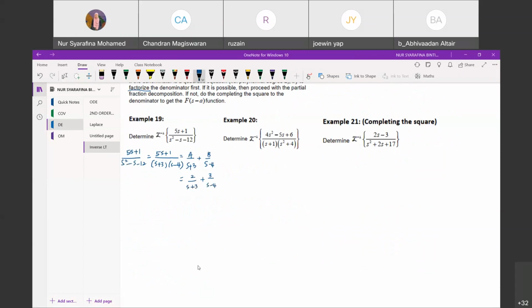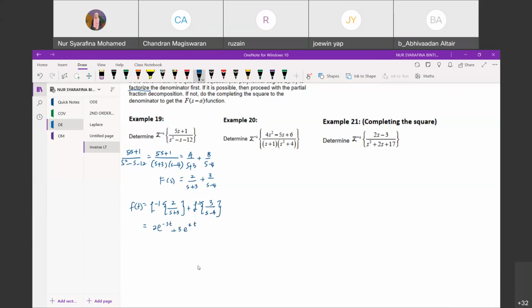So what you can do here is this Fs, in order to get Ft, you just can inverse the function of Fs there. Alright, so this one becomes 2 exponent minus 3t plus 3 exponent 4t. So this is how we do it.